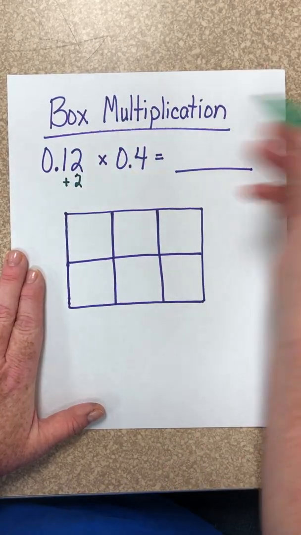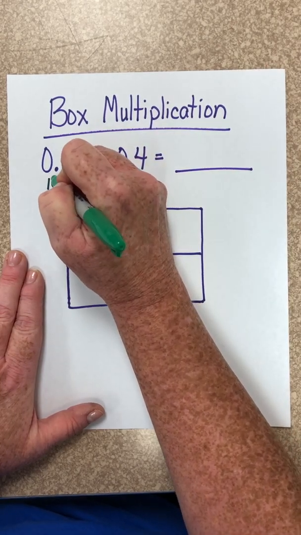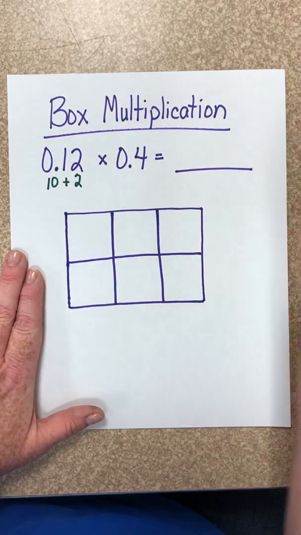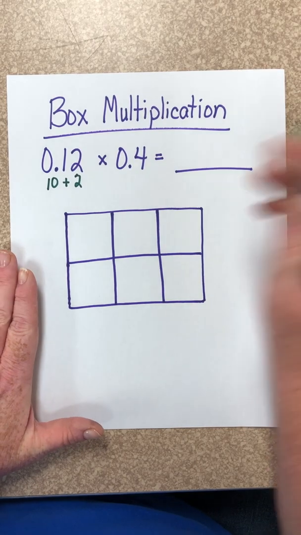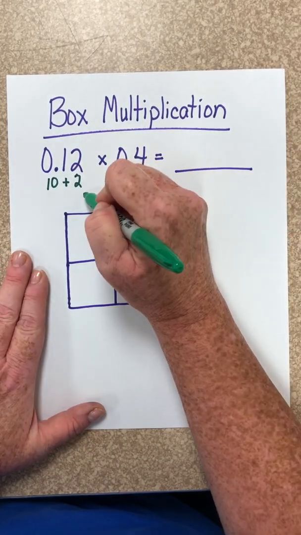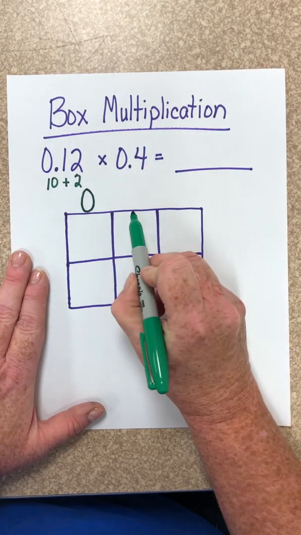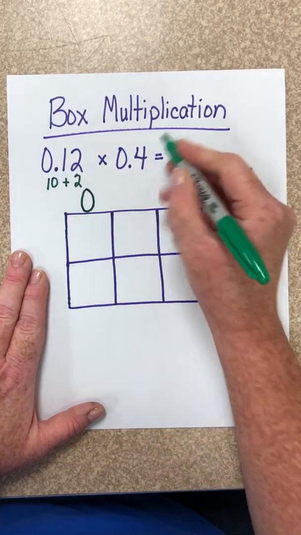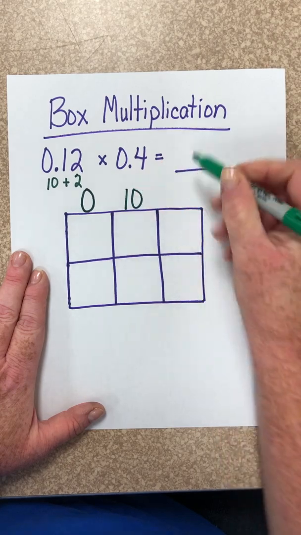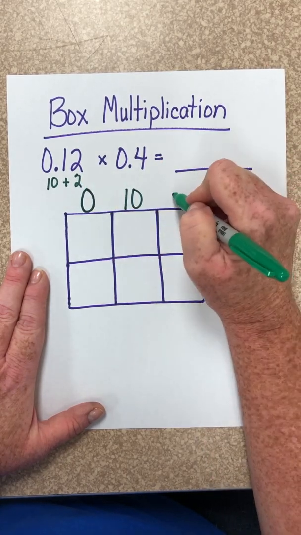1 would then be in tens place. And the 0 would be in hundredths place, but I'm just going to write the 0 here. That means in this second column, I'm going to put 10. And in the last column, we'll bring down the 2.